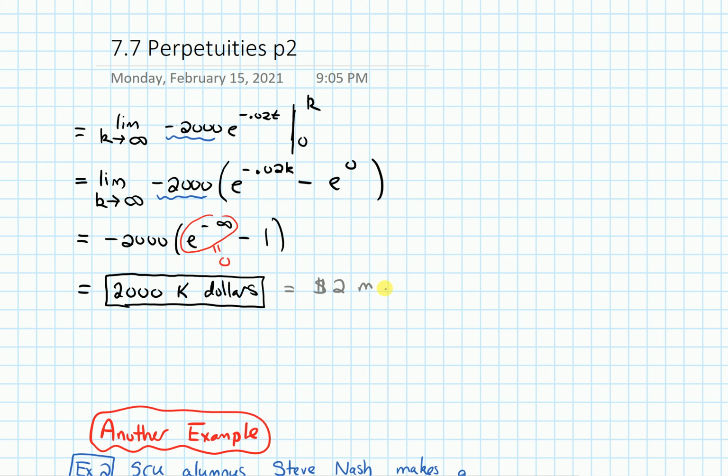So this is $2 million. This would fund our scholarship forever. If that much was donated at the start and it would earn that 5% interest rate, that would be enough to keep withdrawing the amount needed for the scholarship fund forever, so that the account would never run out.